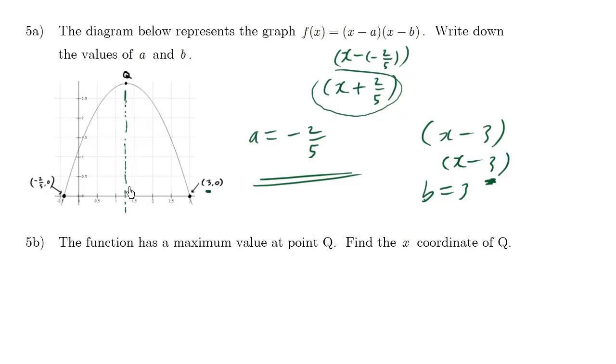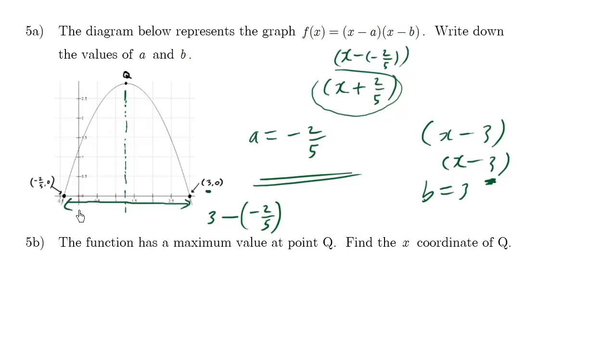So to find the x-coordinate of point Q, we take 3 minus negative 2/5, and this happens to be the distance.